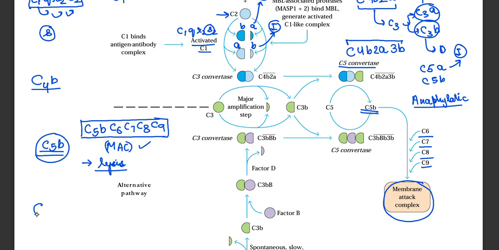We can commonly write it as C5B, then 6, 7, 8 and 9. So this is the membrane attacking complex. This is your classical pathway, wherein we have talked about how the things work. Now in the next video we will talk about the alternative pathway.